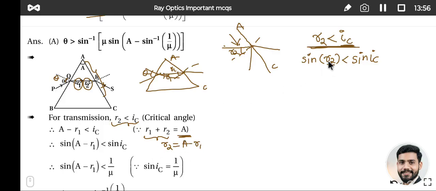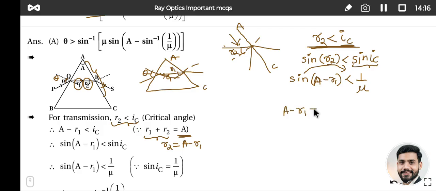If we apply this here, we get sine of A minus R1 is less than sine IC, meaning critical angle. We know the critical angle formula, sine IC is the same as 1 upon mu. Now if I take this sine to that side, it becomes A minus R1 is less than sine inverse of 1 upon mu.